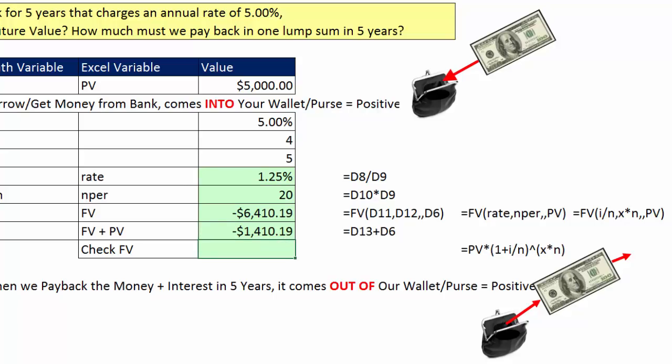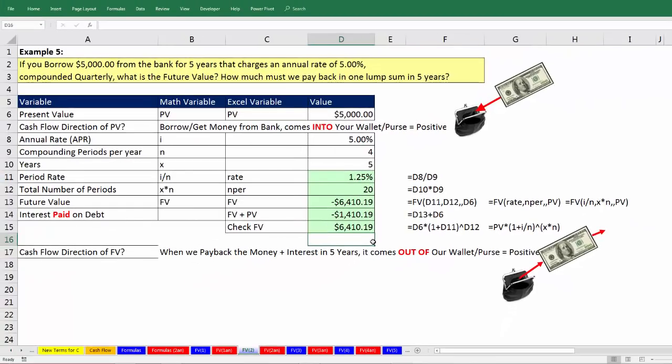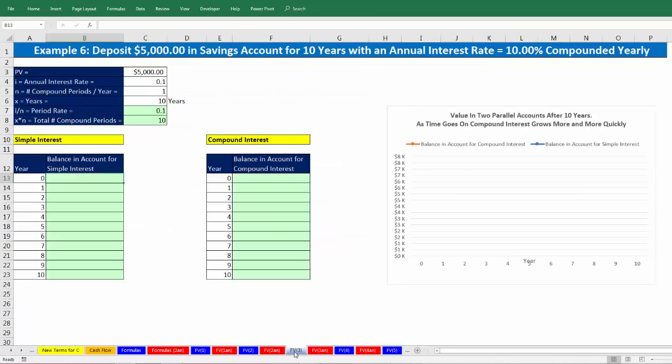We could check the future value equals, there's our present value times, in parentheses, 1 plus period rate, close parentheses, caret, and there's the total number of periods. When I hit enter, it checks out. There's the future value. Now, we want to go look at example number 3. I'm going to click on FV3.